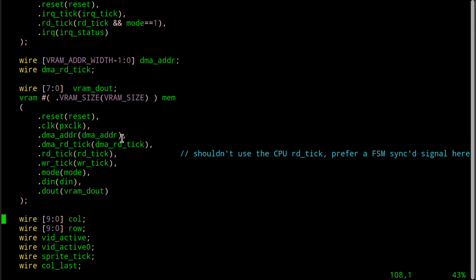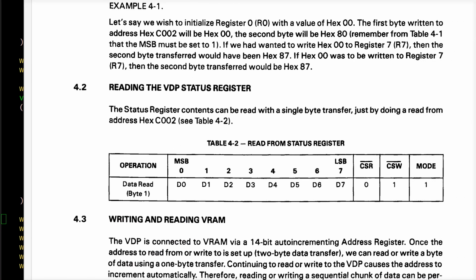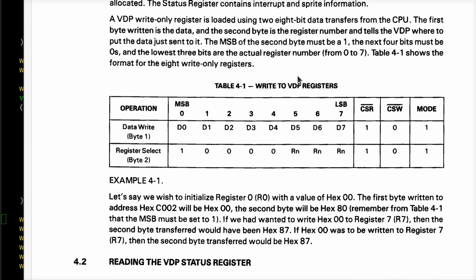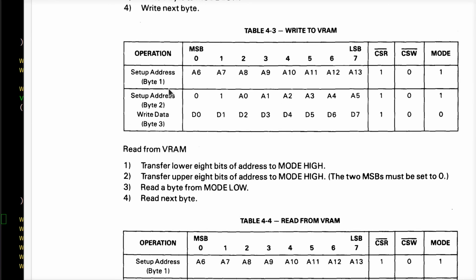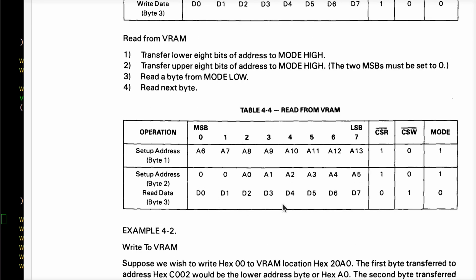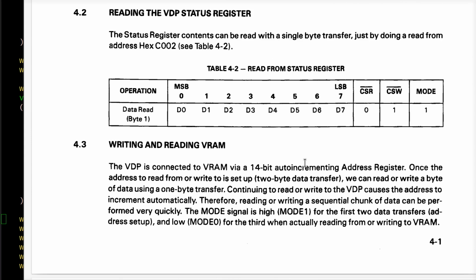The VRAM is somewhat complicated by the fact that inside here is where I put the logic that automatically advances the addresses. When you're writing or reading from the VRAM, you might recall that you send these 2 bytes down here, and then you get to the 3rd byte for the actual data transfer, which is kind of the opposite of what you do when you're transferring to registers.